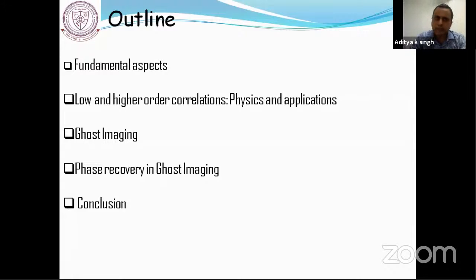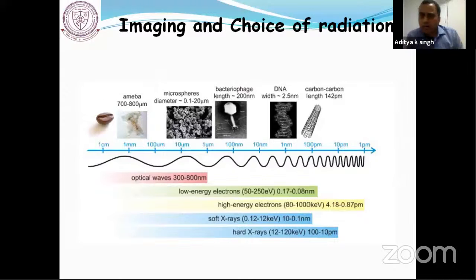And major emphasis will be on extending the idea of ghost imaging to the holographic domain, the holography approach, so we can recover the phase part in ghost imaging. And then I will conclude my talk. So when we talk about imaging, I will concentrate on the visible domain.